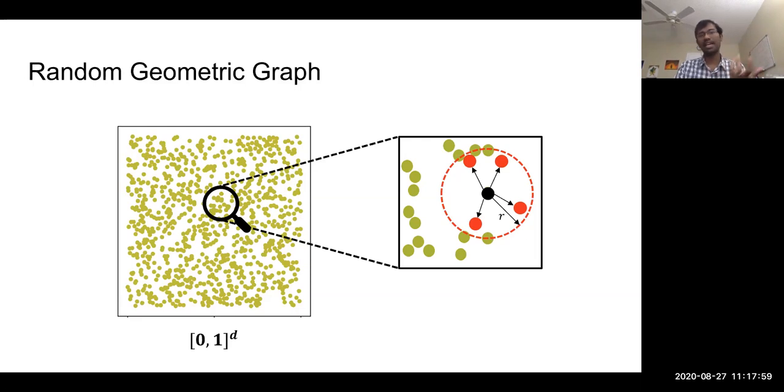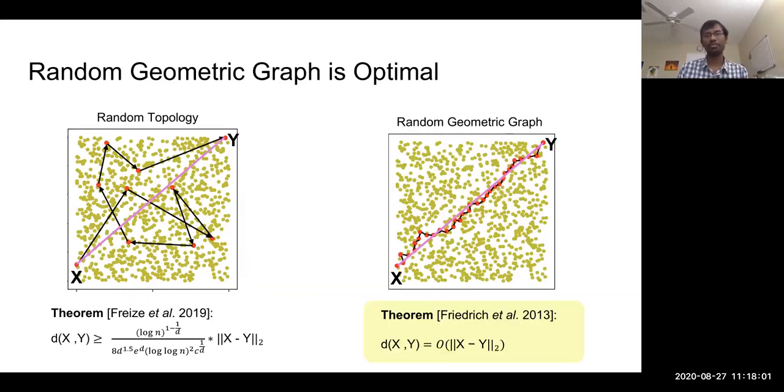Now with this random geometric graph, we can ask the same question. By how much do the shortest paths on the random geometric graph exceed the geodesic shortest path? As shown in this picture on the right-hand side, this gap is actually pretty tight. The shortest paths on this random geometric graph are aligned very closely with the geodesic, or the physical shortest path from x to y.